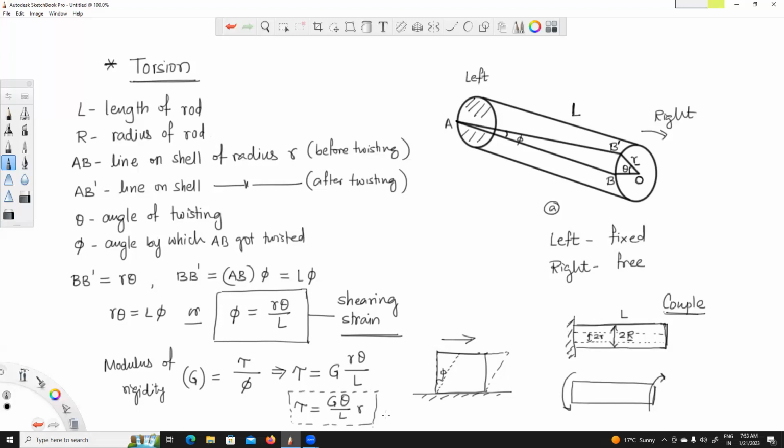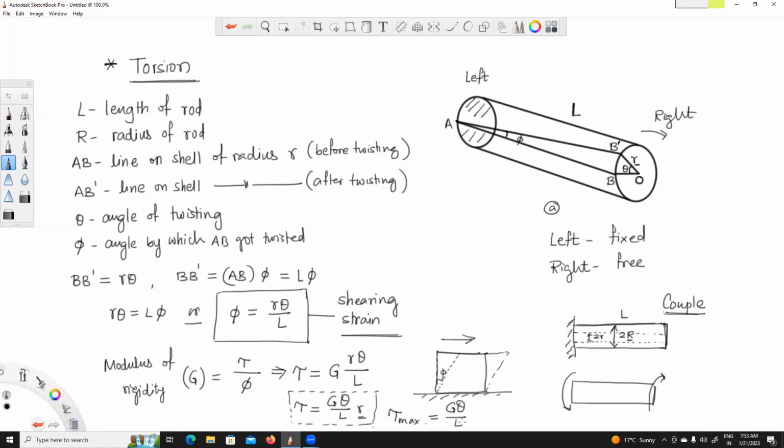So the first relation, we have got the shearing stress in terms of small r, where the small r is the radius of any shell which is a part of this particular rod. And if you see here, this angle of twisting will be the same for all shells, right? So capital G, the modulus of rigidity, would be the same. Capital L, the length of the rod, would be the same. So basically our tau max, the maximum stress, will occur when this r assumes its maximum value. And where is it?